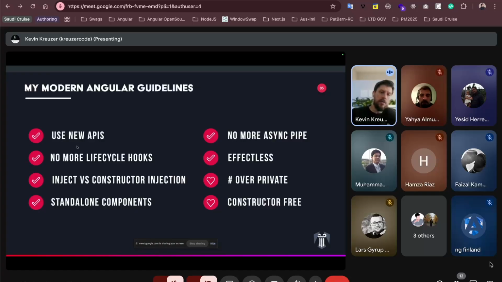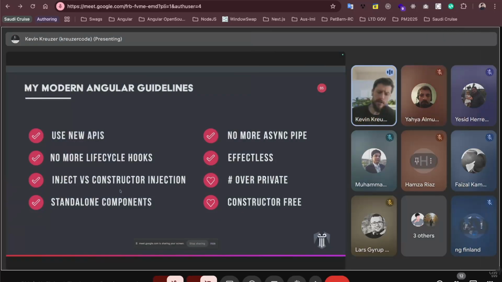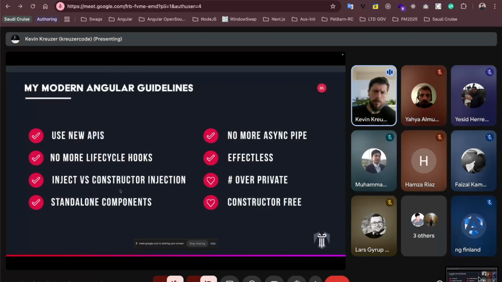If you use the new signal-based APIs, this point is almost done, because you will see that you no longer need them. Then use inject versus constructor injection. There are also some cool migration schematics. I think Nx extension project, ng extensions, I don't remember the correct name, has some pretty cool schematics to help you here.